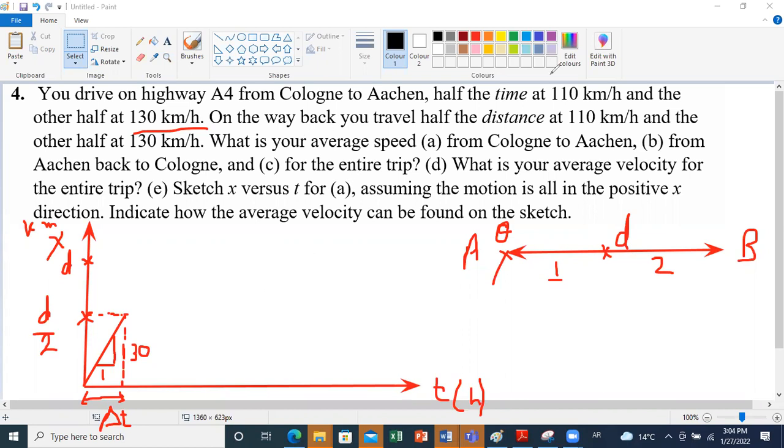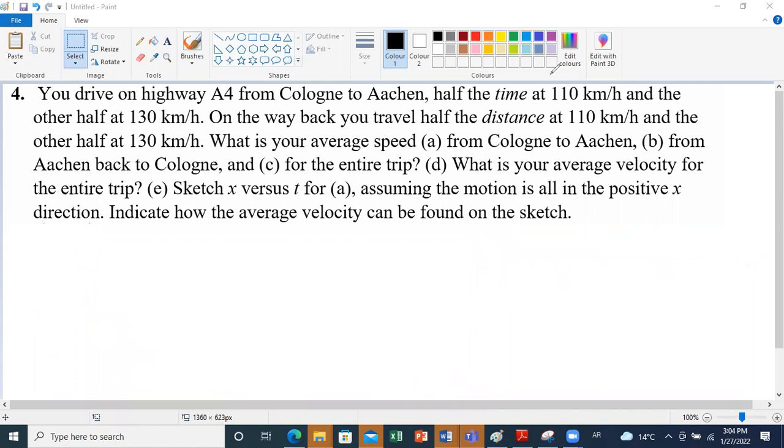Let me fix it. So when you went from A to B, if you want to graphically represent this, they said that half of the time I was moving at 130, and the other half of time I was moving at 110.